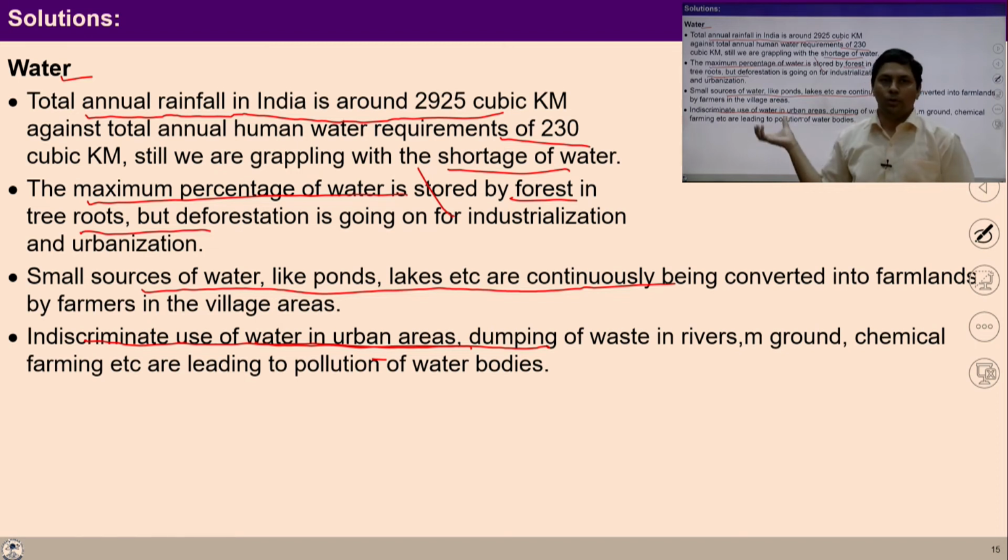If we do all this, then this wastage of resources can be minimized.